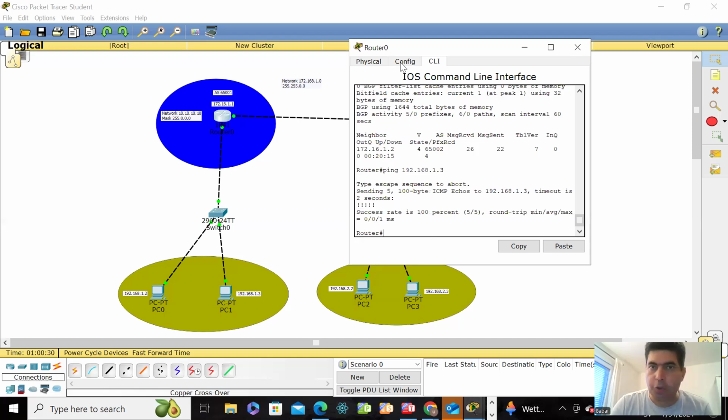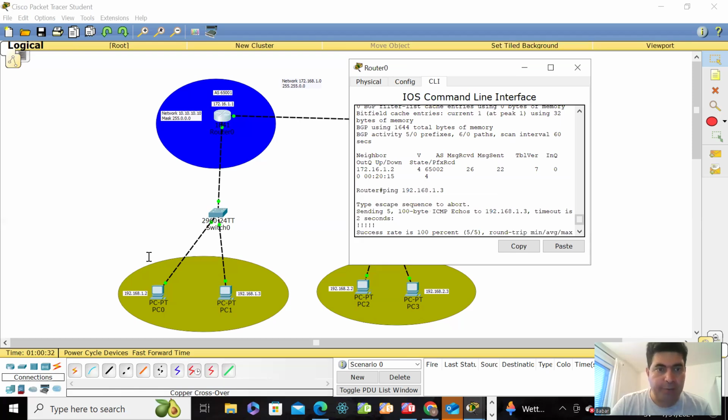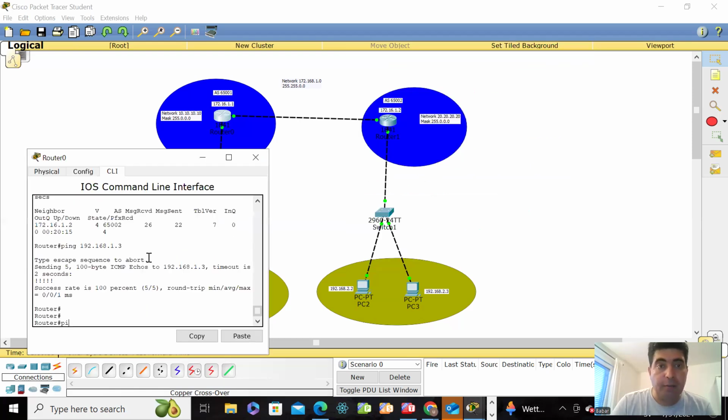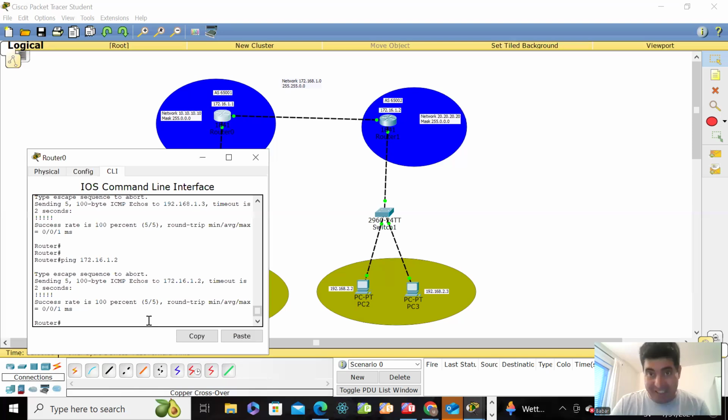Now I'm going to check the IP address I assigned to my neighbor, and I can see that the neighbor is connected and shown as a BGP neighbor. We can also ping that IP as well. I'm going to check it and show you. It's pinging, so they are talking with each other.